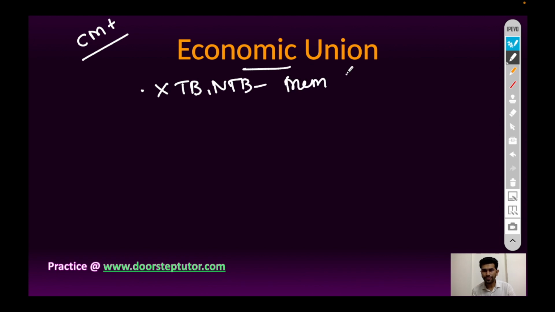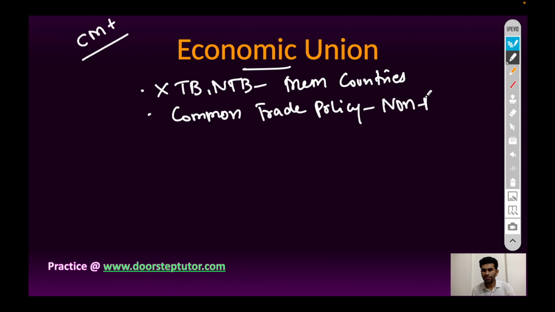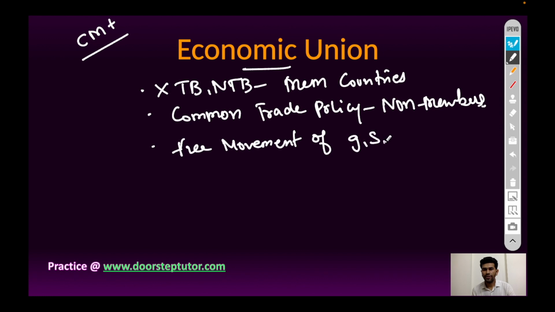Next is economic union. It is an extension of common market wherein there are no tariff and non-tariff barriers among member countries, a common trade policy for non-member countries, and free movement of goods, services, and other factors of production.